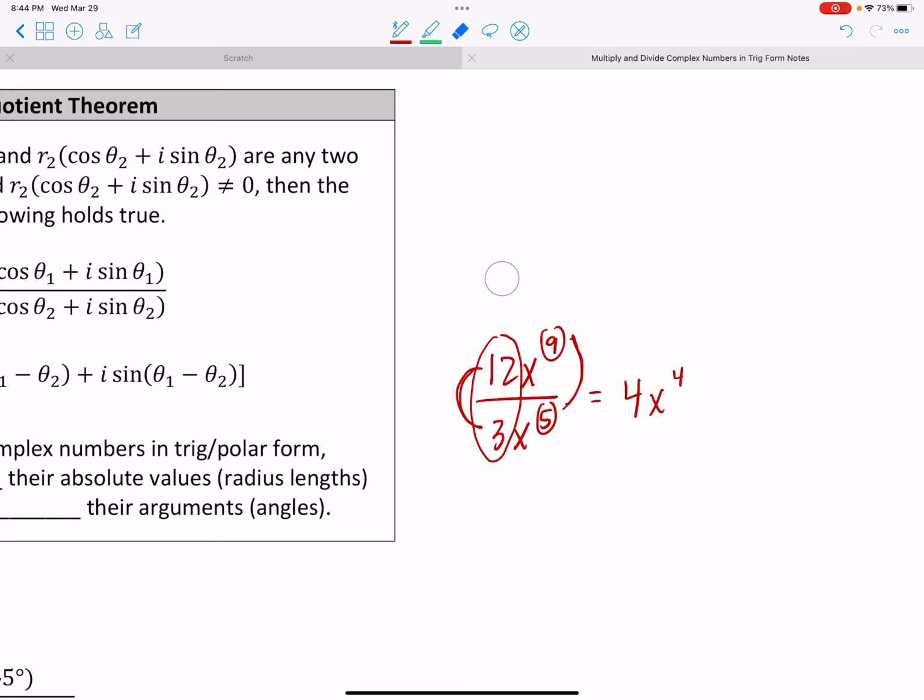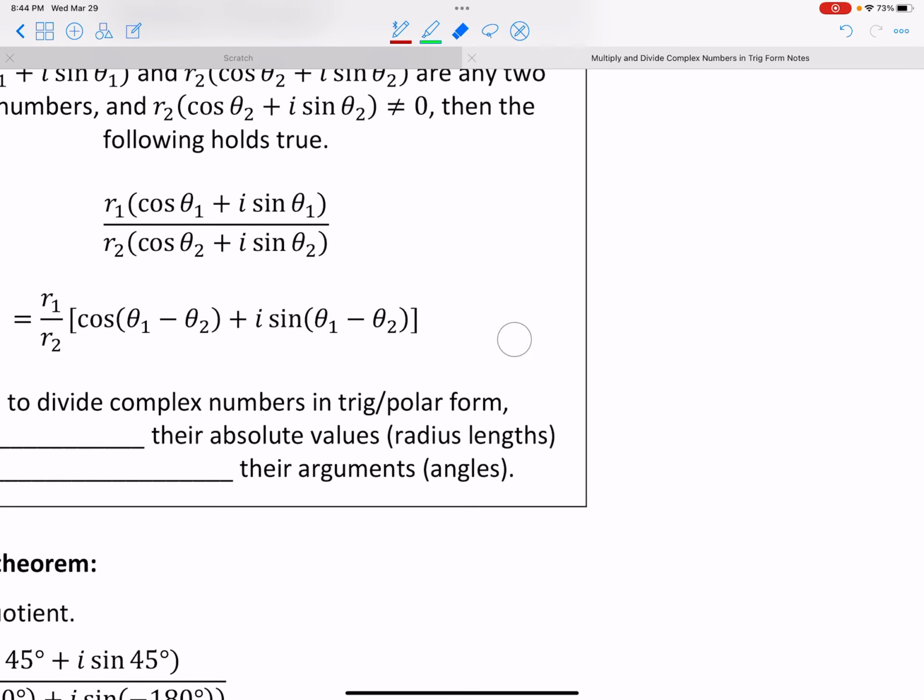Okay, so that's what this quotient theorem says. If I have two complex numbers, so here's my first complex number divided by here's my second complex number, we can divide the radius lengths, and then it's going to be subtracting the angles. So I can take these two angles and subtract them, or I can take these two angles and subtract them.